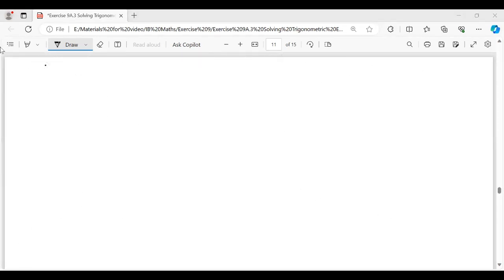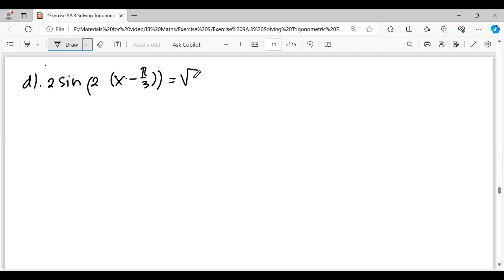Next, 12D, 2 sine of 2 times x minus pi third equals negative square root 3, with interval x from 0 to 2 pi.